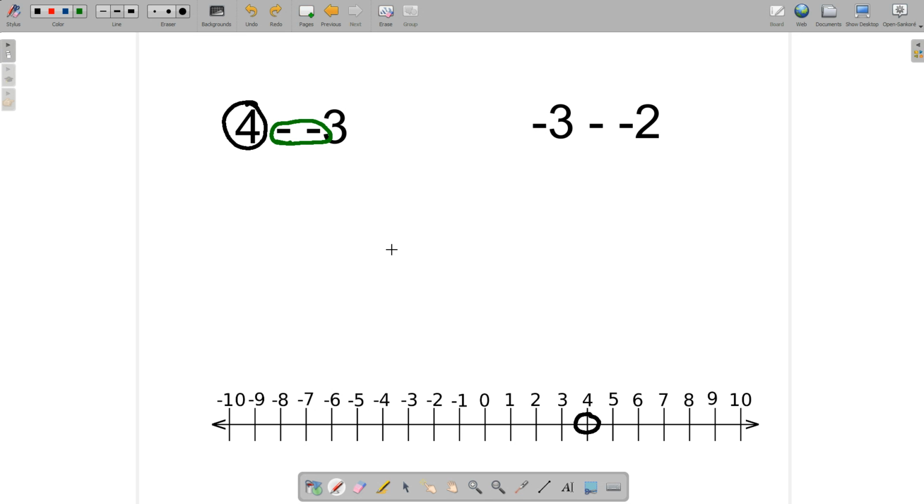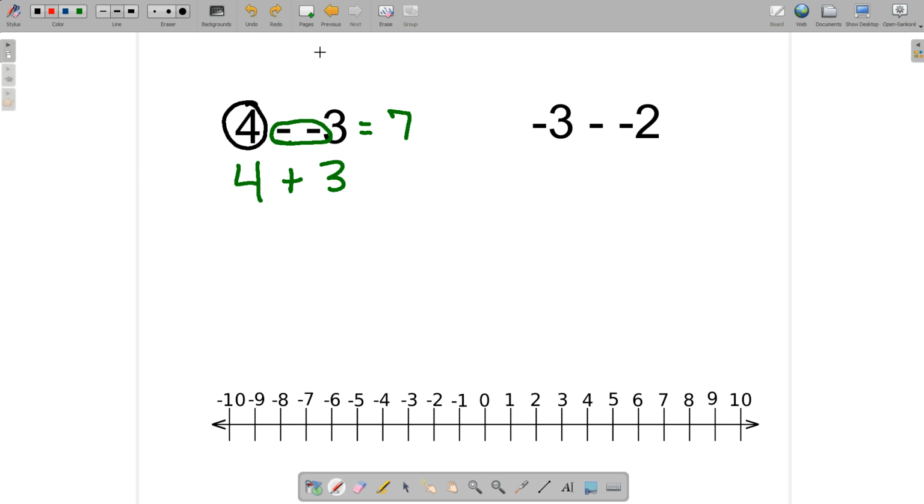If two negatives fight, they beat each other up so badly, one of my students likes to say they body slam each other so badly that they turn into a weak and scrawny positive. So 4 minus -3 is the same thing as 4 plus 3. So that means we go to the right 3 and land at +7.